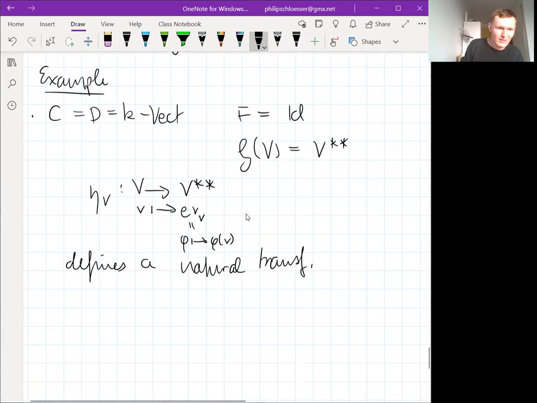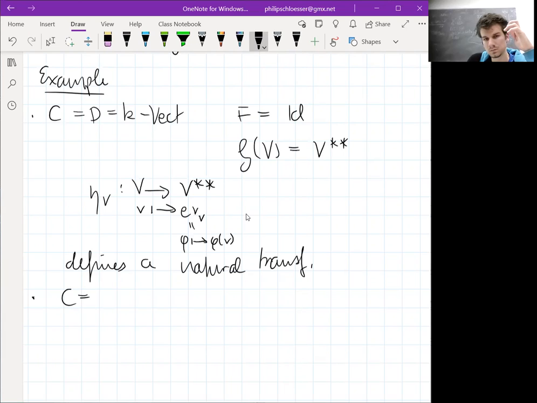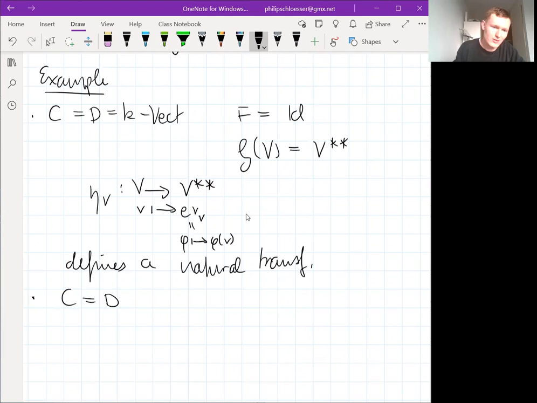Another thing that I looked up yesterday, I searched for more natural transformations that aren't isos. We have C is rings, D is groups.